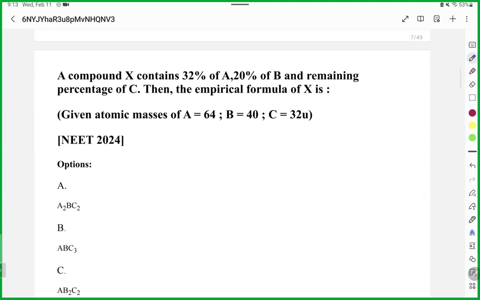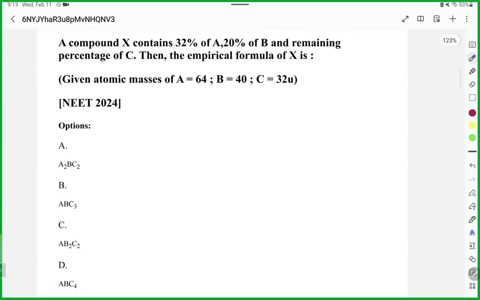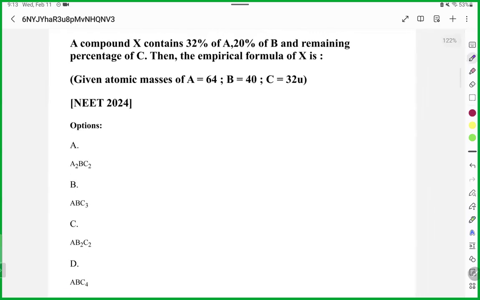Anvita, empirical formula. I get confused in empirical formula questions. See what is the percentage, divide by molar mass. Here the number of moles will be 0.5.